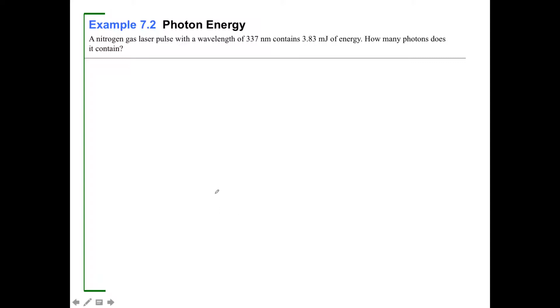All right, suppose I've got a beam. You know, it doesn't have an arrowhead on it, right? But you've got this beam, and it's propagating through space. And it's got 3.83 times 10 to the minus 3 joules, right? But it's made of a bunch of photons, right? Agreed?